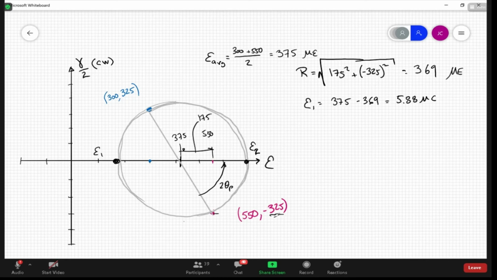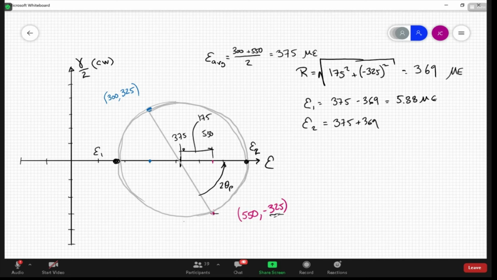So my Mohr circle doesn't look quite accurate there. It's really much more over to 0. And then the second principal value is 375 plus 369.